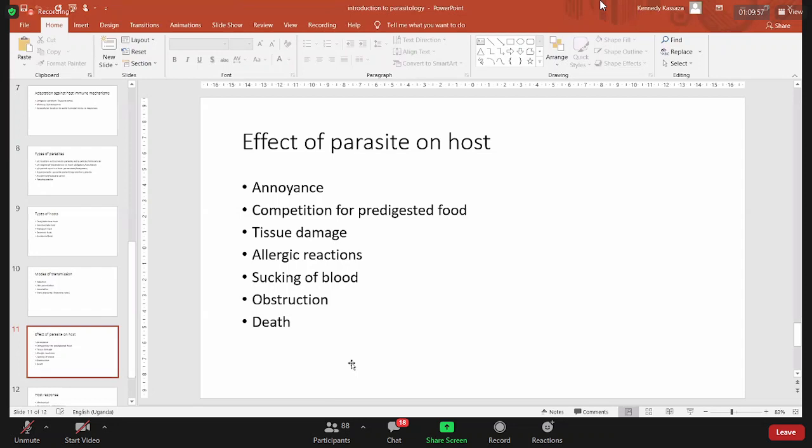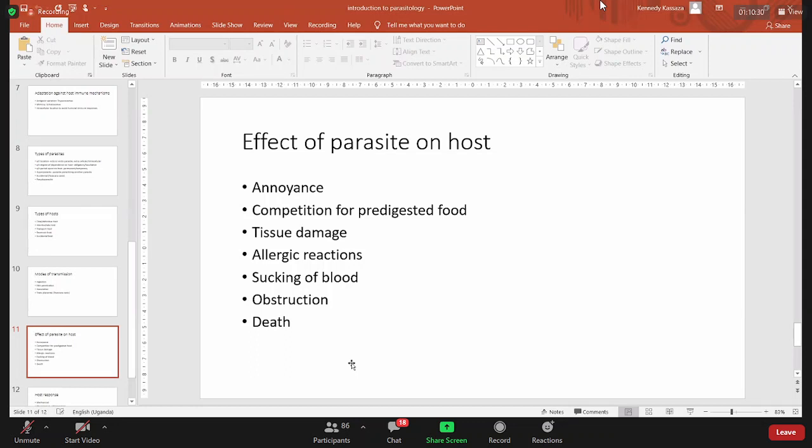Among these could be the worms, like the cestodes or tapeworms. Other parasites cause tissue damage. Other parasites can cause allergic reactions, like when worms die within the host, then they can cause allergic reactions.